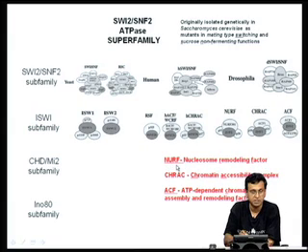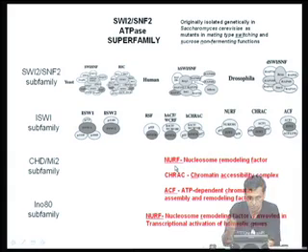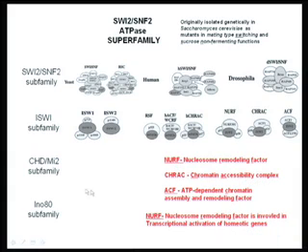Similarly, there is a nucleosome remodeling complex called CHRAC, which means chromatin accessibility complex. So these are all abbreviations given to identify different chromatin remodeling complexes in different organisms. Similarly, ACF stands for ATP-dependent chromatin assembly and remodeling factor.